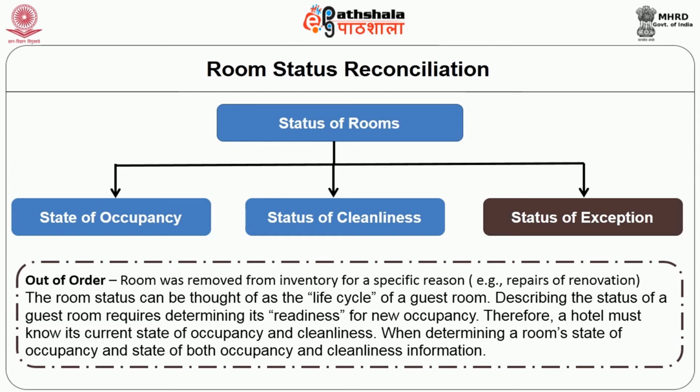The room status can be thought of as the life cycle of a guest room. Describing the status of a guest room requires determining the readiness for new occupancy. Therefore, a hotel must know its current state of occupancy and its cleanliness. When determining a room's state of occupancy and cleanliness, all the information has to be updated.